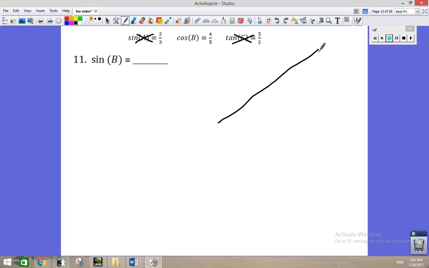So if cosine of B is 4/5, and if I draw a right triangle, and this is angle B, cosine is the adjacent side over the hypotenuse, so 4/5 divided by 1 is just 4/5. Let's figure out what the opposite side would be using the Pythagorean theorem.